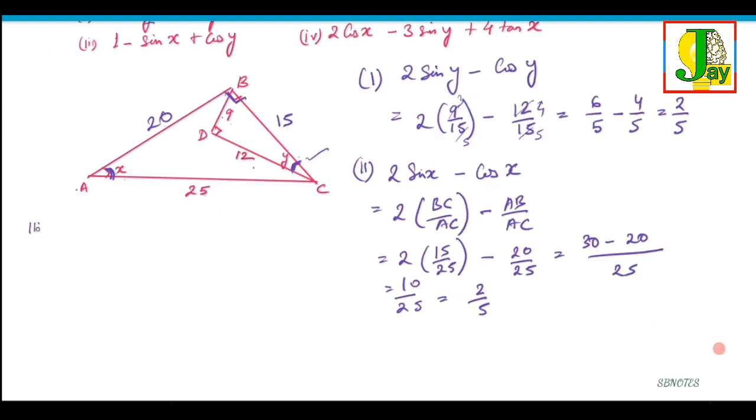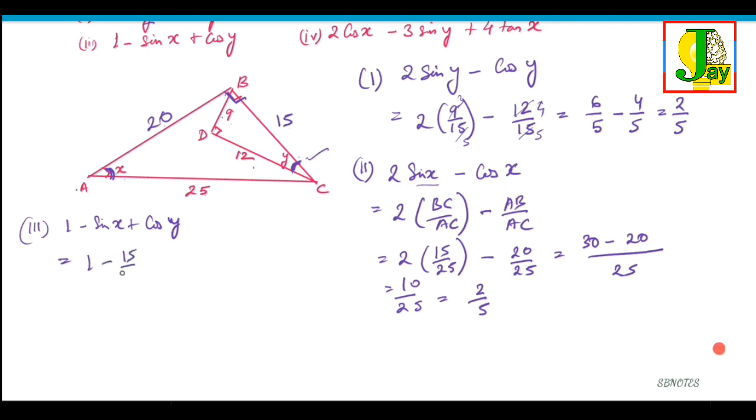Now the third one: 1 minus sin x plus cos y. Now you can easily find the ratios. Sin x we've already found, that's BC by AC, 15 by 25.